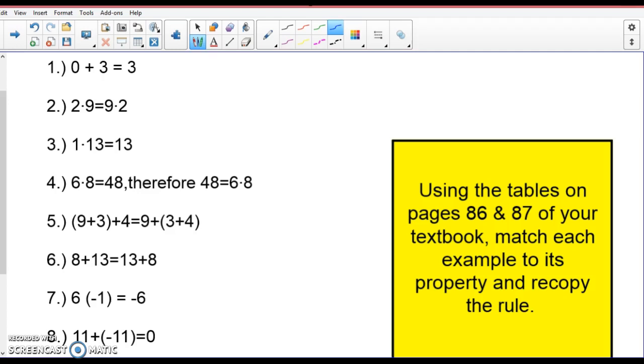All right. 0 plus 3 equals 3. What property is that? That's additive identity, or you could say the identity of addition.